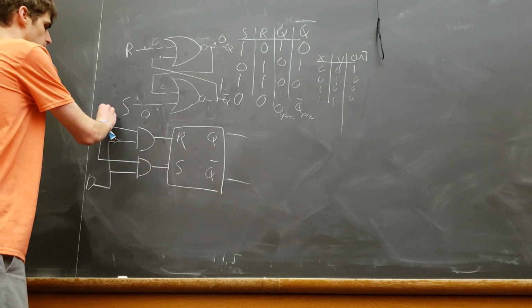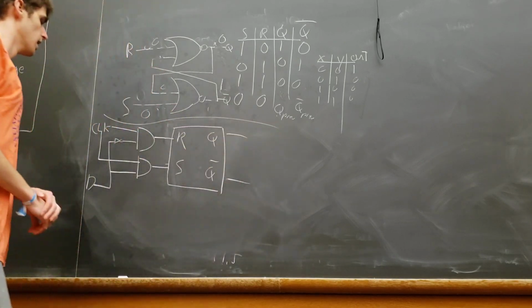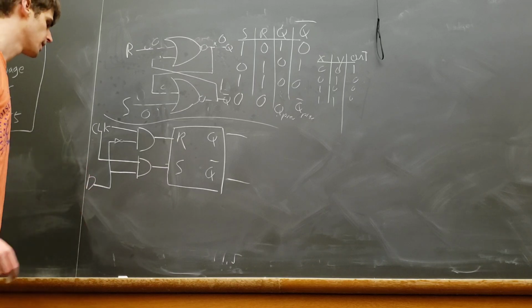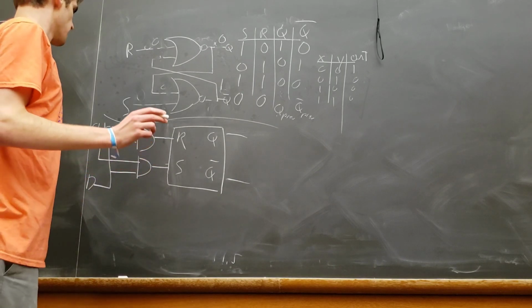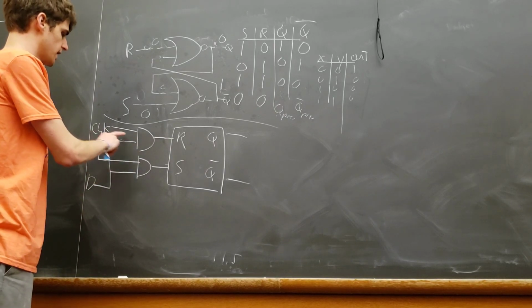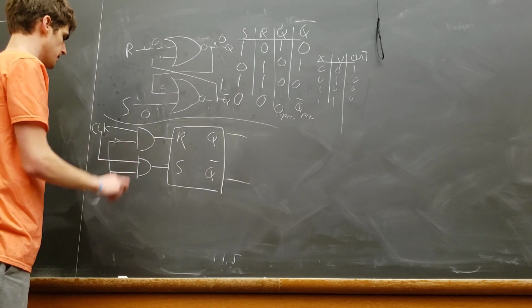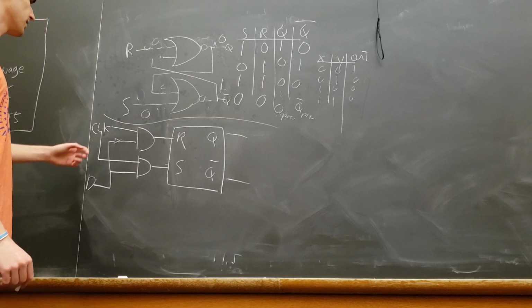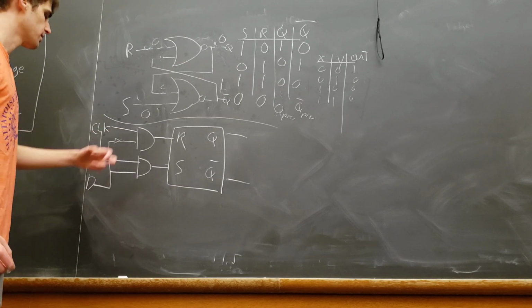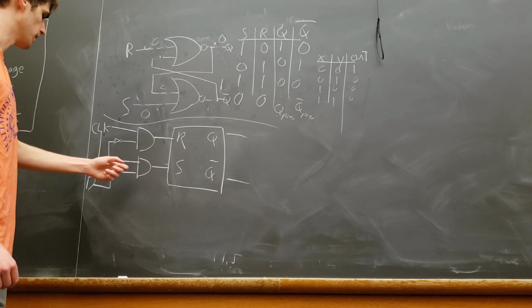Okay, so what is going on? We've got this clock input and this D, the data input. First, let's notice how the clock is connected to these two AND gates. If the clock is set to 0, it doesn't matter what this input is or what this input is.